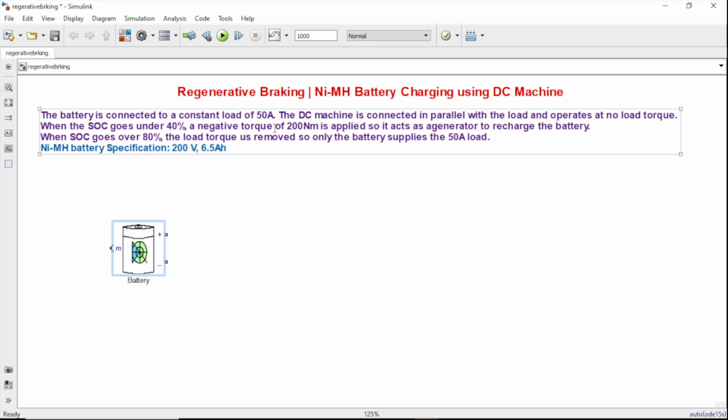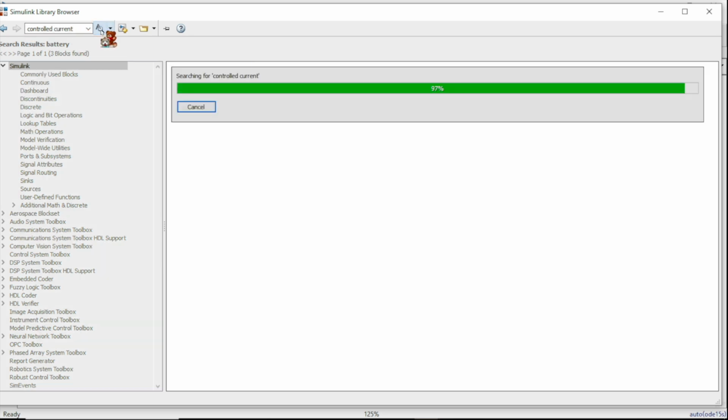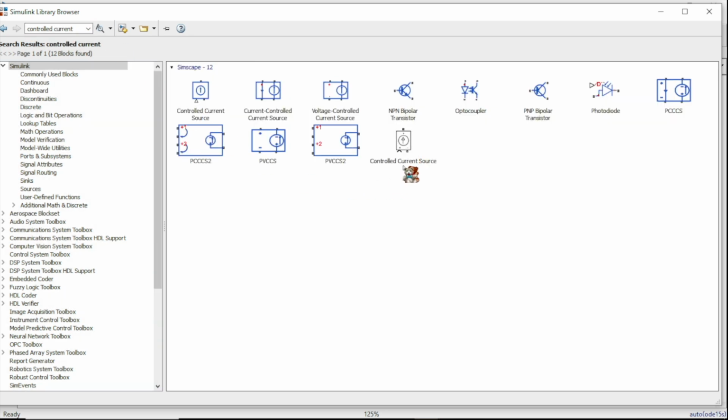Next I have to take the 50 ampere constant load current source. You have to just search controlled current. Here you can see the controlled current source.